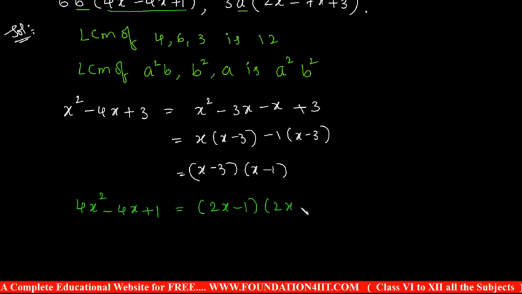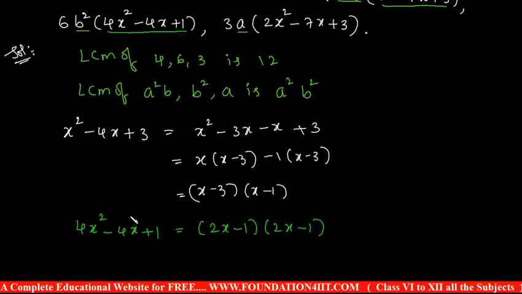You already know how to do this. You can get it like this. Okay, and one more is 2x square minus 7x plus 3. This also, do factorization. So we get 2x minus 1 into x minus 3. Okay, after doing factorization, we get this.